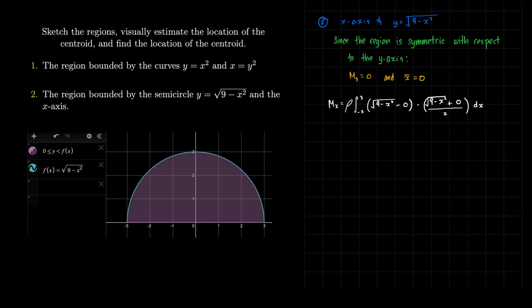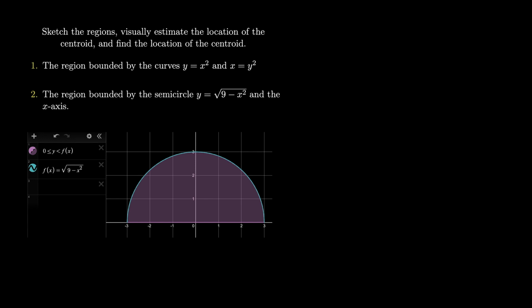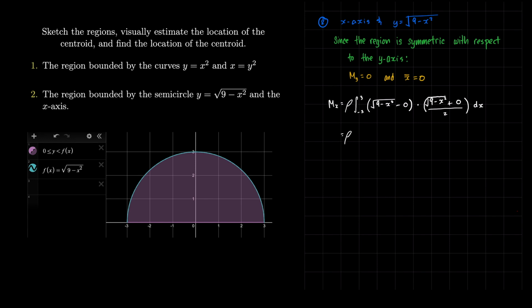Then times the average of the upper and lower function, or it's just the square root of 9 minus x squared all over 2. Ilabas natin yung 1/2. Then we'll have the definite integral from -3 to 3 of 9 minus x squared. Wala na yung square root. And we should get our capital M sub x to be 18 times the density rho.